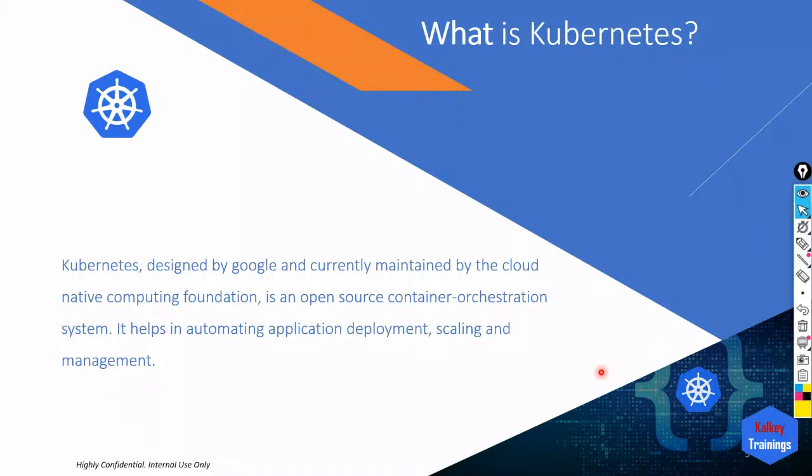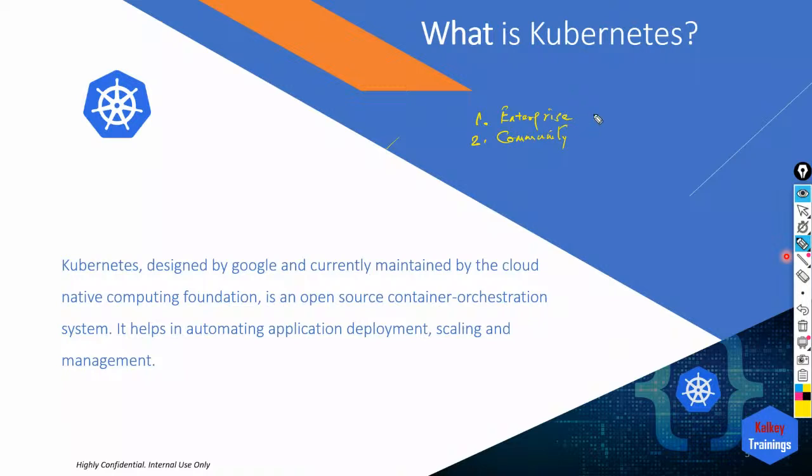There are two versions. One is the enterprise version, and the other is the community version. Okay. So you can forgive my handwriting, but this is enterprise.